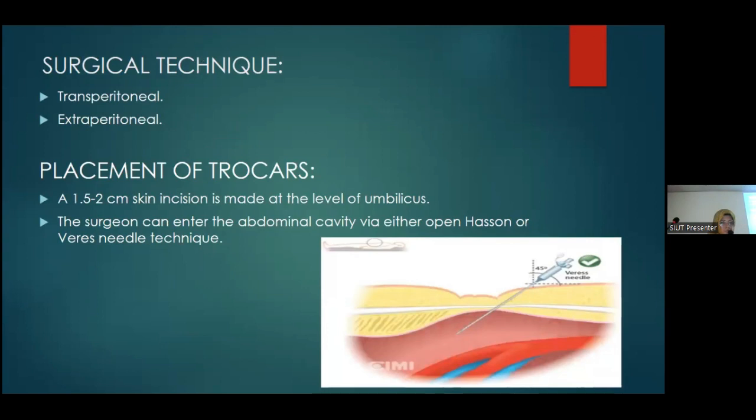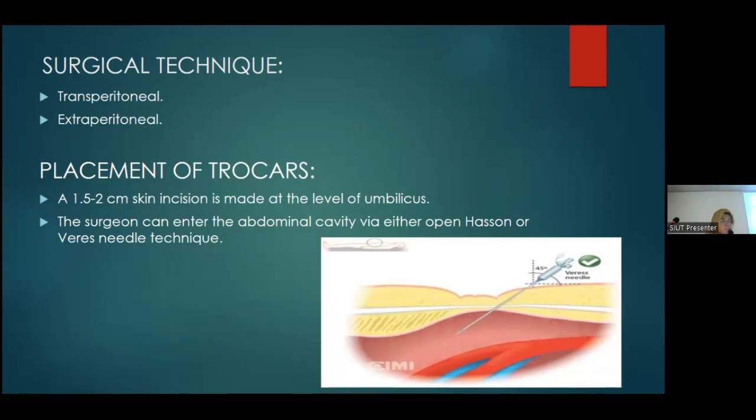Surgical techniques for the laparoscopic approach are transperitoneal and extraperitoneal. First of all, we are going to discuss the placement of the trocars. A 1.5 to 2 centimeter incision is made at the level of the umbilicus. There are two approaches by which the trocars can be placed: the open Hassan technique and the Veress needle technique.